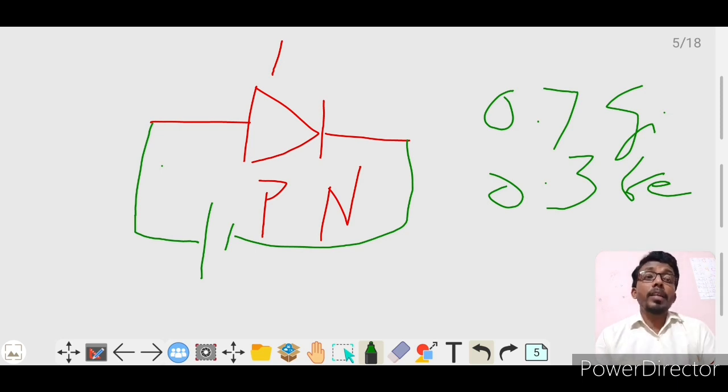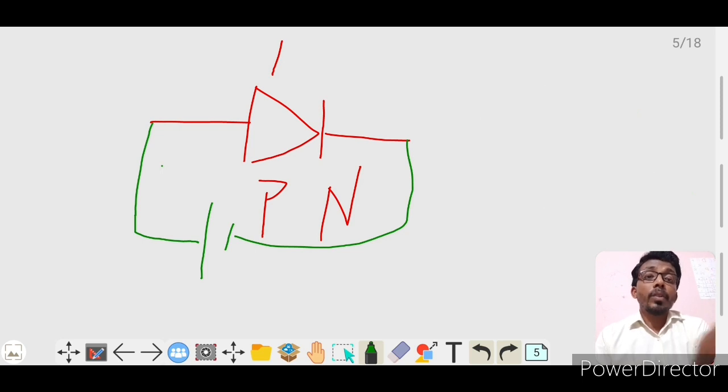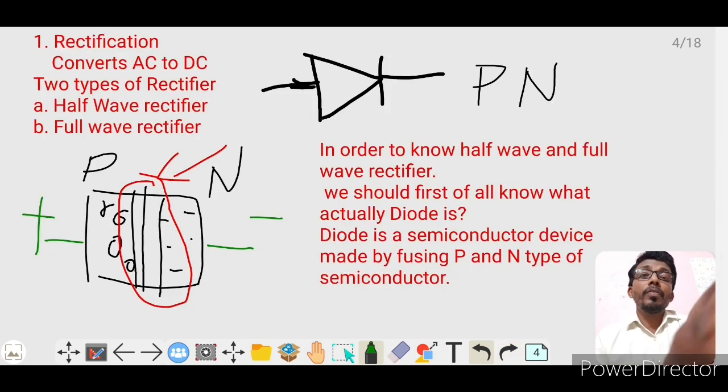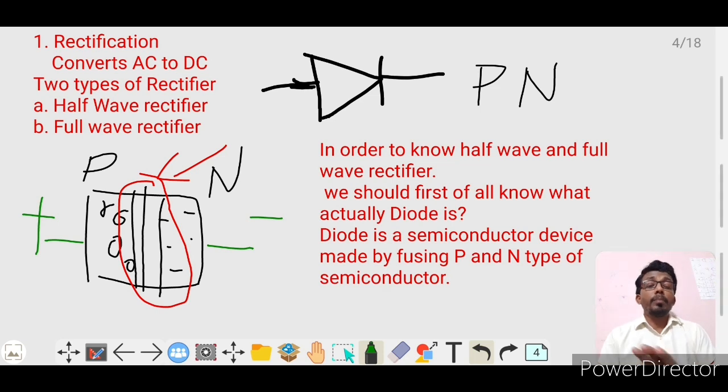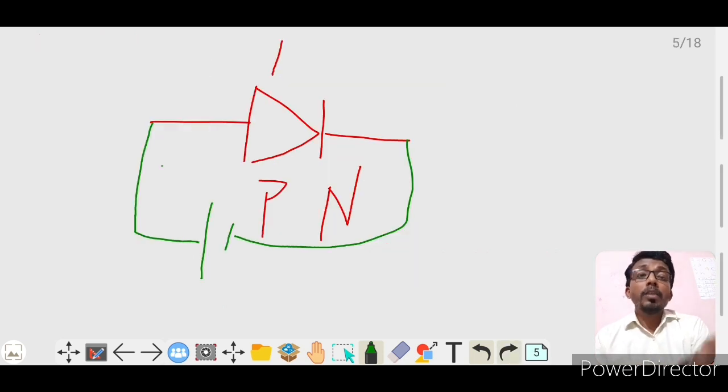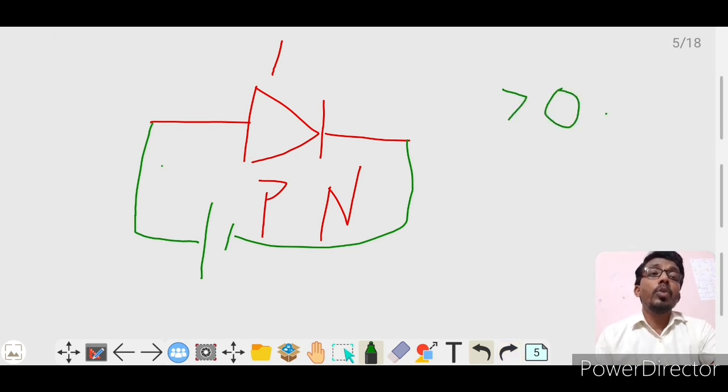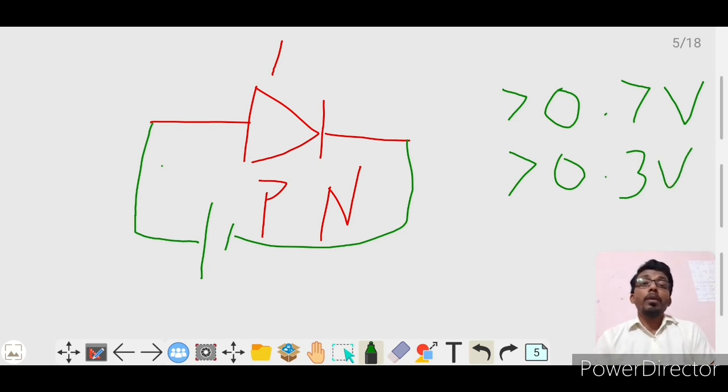After applying this particular voltage, our depletion layer will completely vanish. And if we apply slightly more than 0.7 volt for silicon or slightly more than 0.3 volt for germanium, my semiconductor will start conducting.